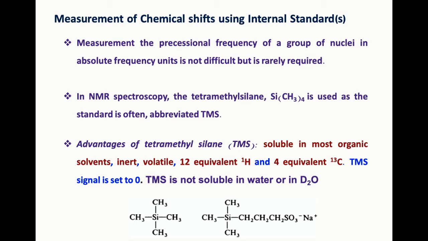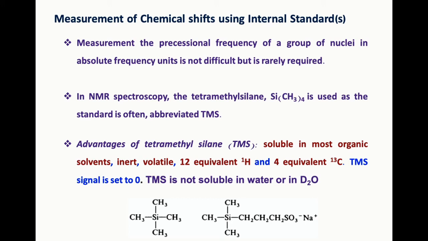So it has a total of 12 equivalent protons, and when you are recording the carbon spectrum, 4 equivalent carbons are there. This is really good, because after all the intensity of an NMR signal generally depends upon how many magnetically active nuclei are present, right? Since you have 12 equivalent protons, it will give a very intense signal in the NMR spectrum at the extreme right side, and it is easy to locate.